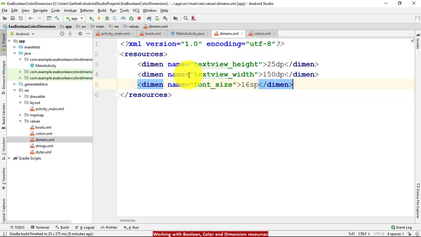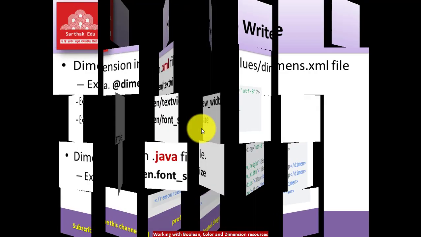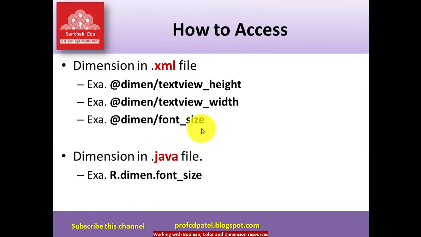After the dimension file is ready, do not forget to save the records. Now this is the time to see how to access that dimension resource in another XML file or in a Java file.